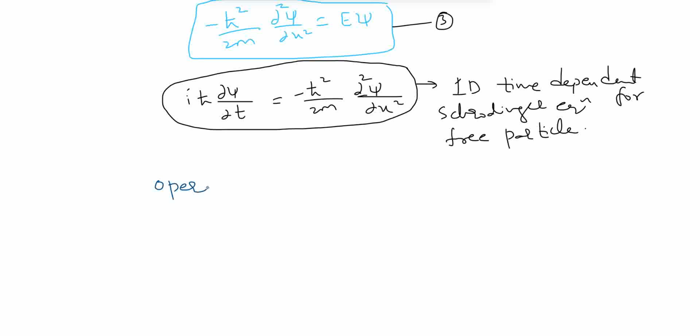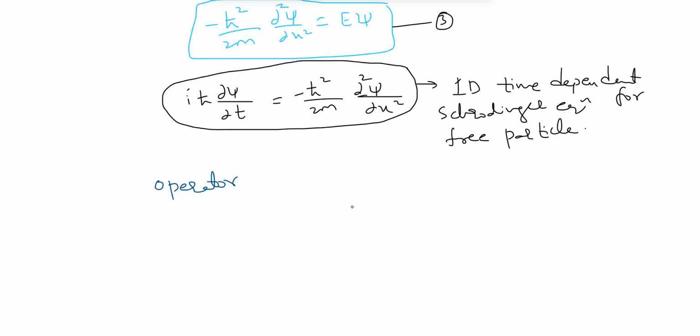In quantum mechanics, an operator is something that operates on the wave function and gives us a result. Suppose that operator gives us energy, then it is the energy operator. If it gives momentum, then it is a momentum operator.